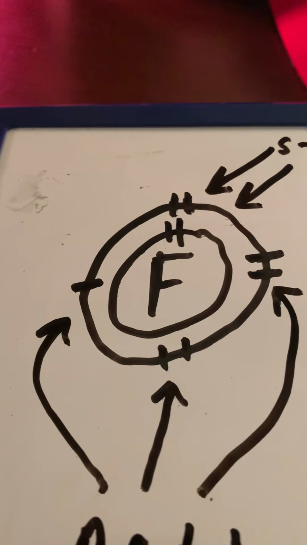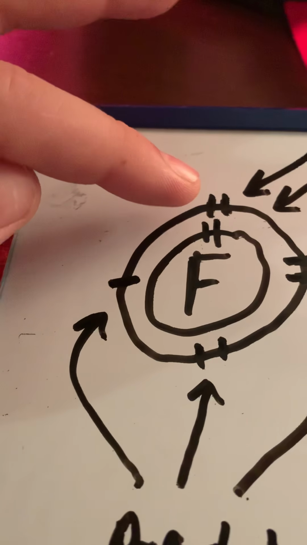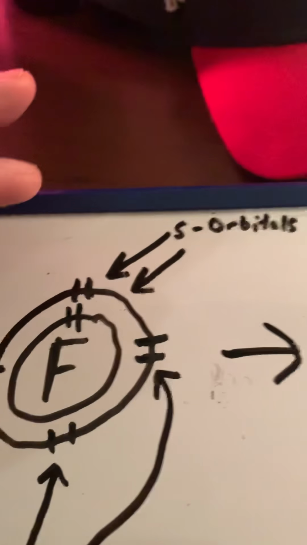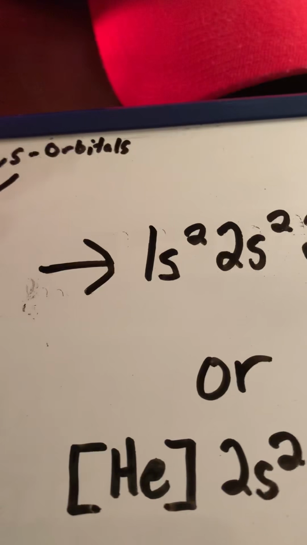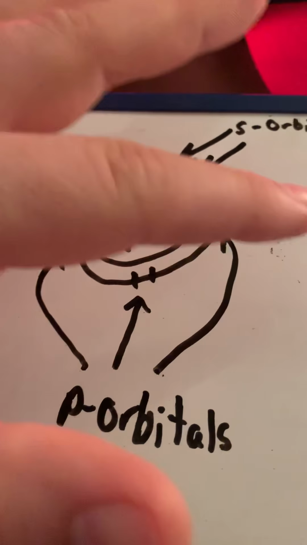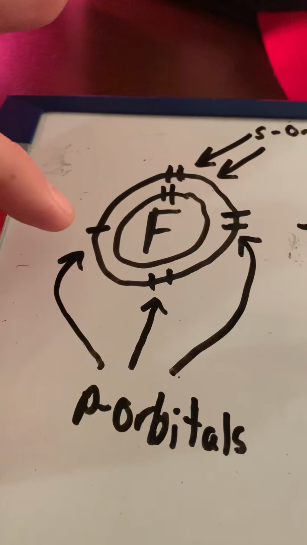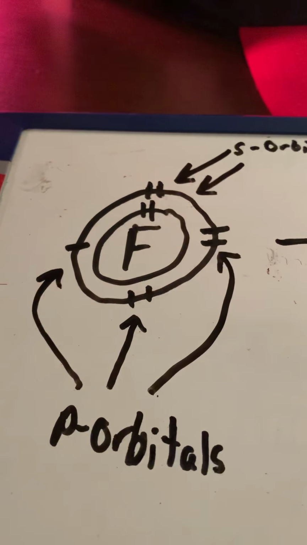Then we have up top here, in the second energy level, 2s2. Then we see our p orbitals, which are these 3 around here: 1, 2, 3. And in the p orbitals, we have 1, 2, 3, 4, 5 electrons.